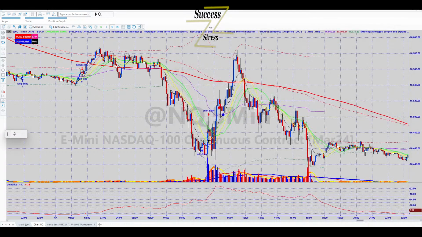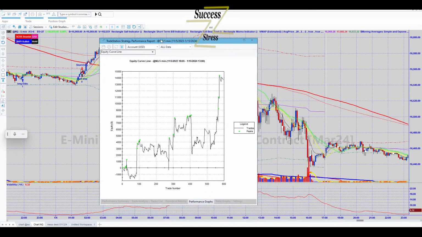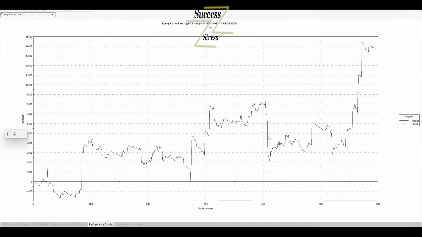After verifying it, I got this result. It's got some drawdown for sure, but it moves. It's trending up, so that's good. I haven't even looked at the performance summary.